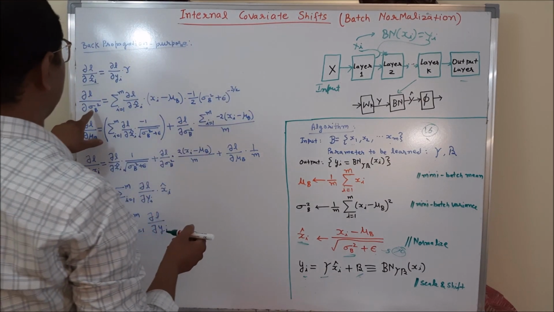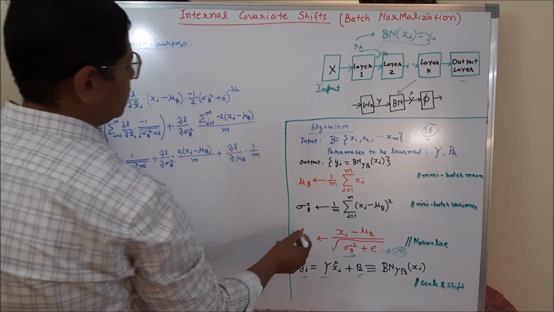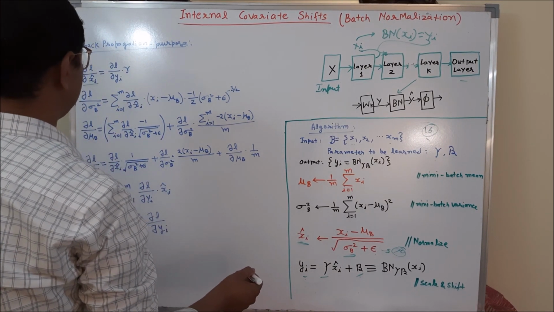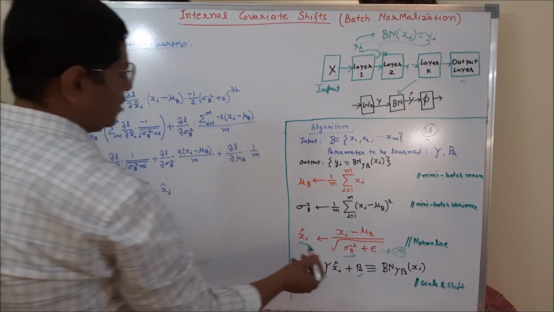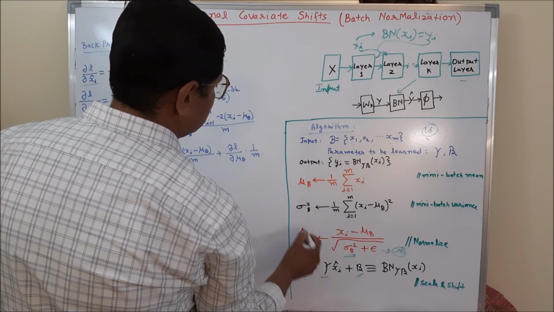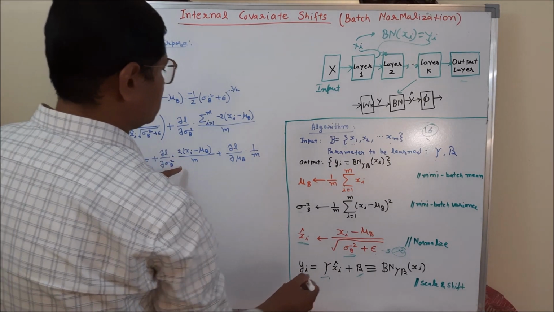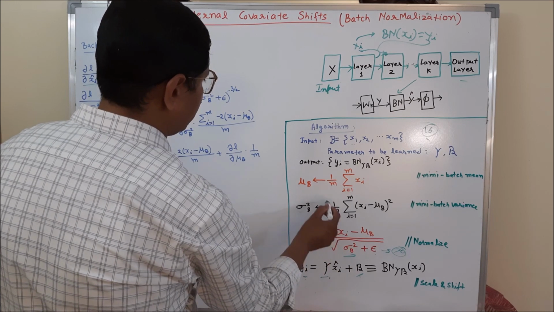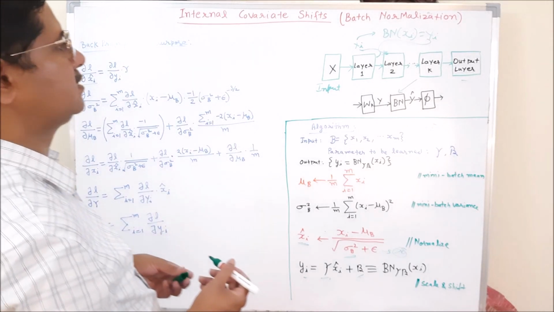Similarly, we can compute the derivative of the loss function with respect to sigma b square, with respect to mu b, with respect to xi, with respect to gamma, and with respect to beta. Here we have used these derivations to compute these others. For all those computations, we directly put the values from here and here. That's why we got those variables. This is very easy to understand; I think you can go to the paper and understand it plainly.